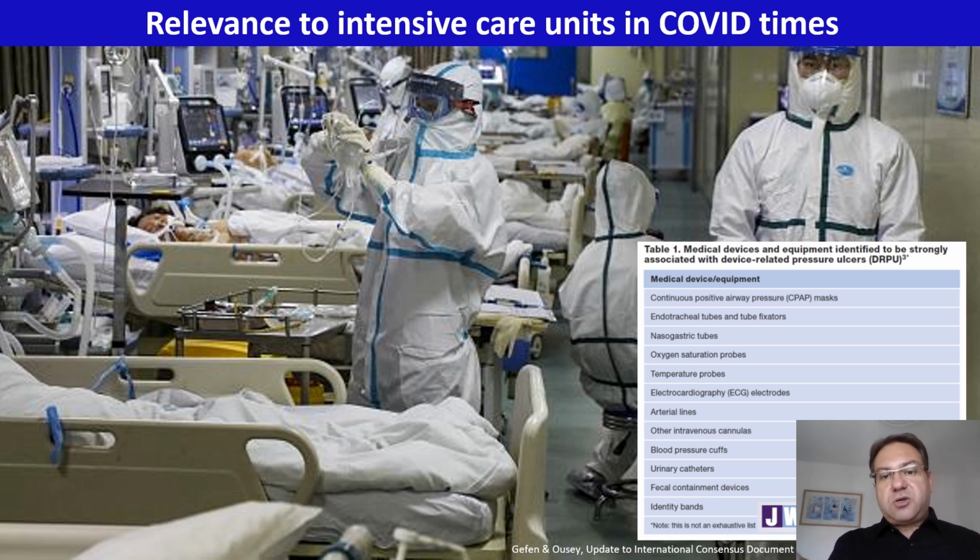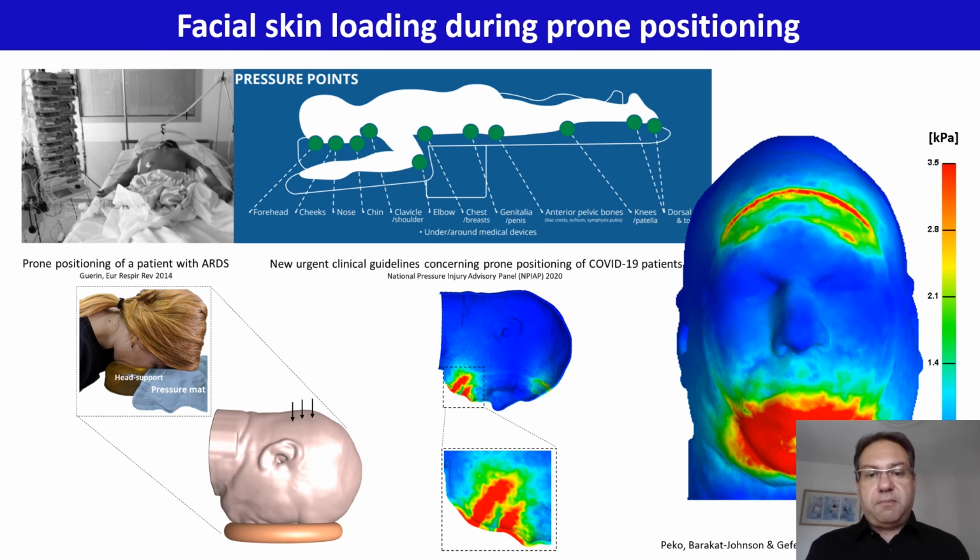And now comes COVID as a good example for explaining this concept, because in COVID, if you think of an ICU where a person is subjected to many different types of medical devices which contact their skin, and is also lying in bed for a long time, the issue of deformation becomes critical, because a lot of the body's surface is now subjected to sustained deformations, either due to body weight or due to the forces applied by medical devices.